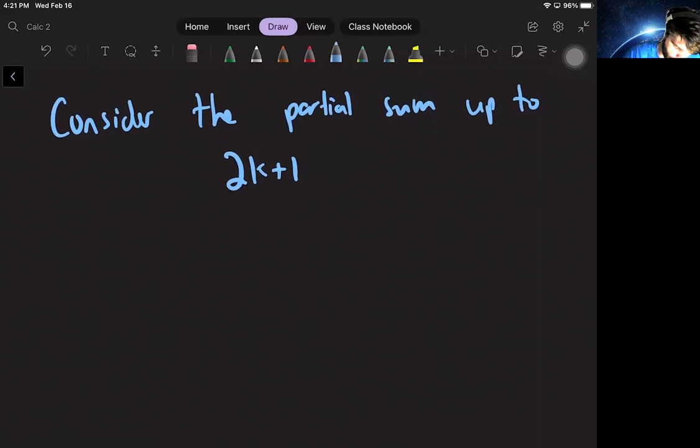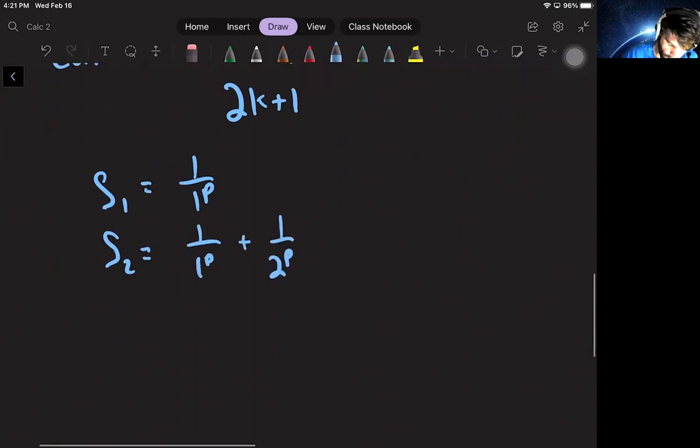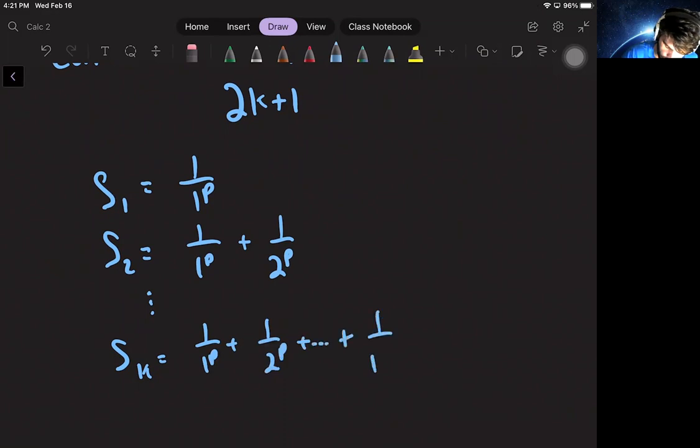So for example, S1 is 1 over 1 to the p. S2 is 1 over 1 to the p plus 1 over 2 to the p. And SK is this, but we're not going to really deal with that. We're going to go past that one.